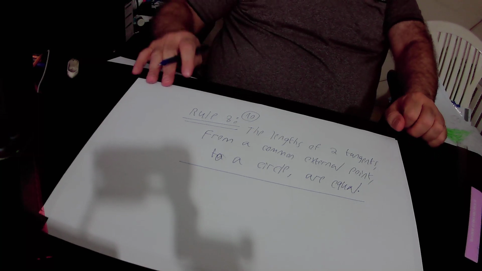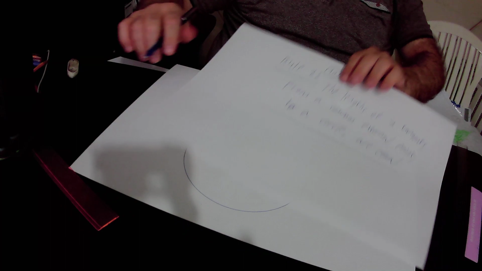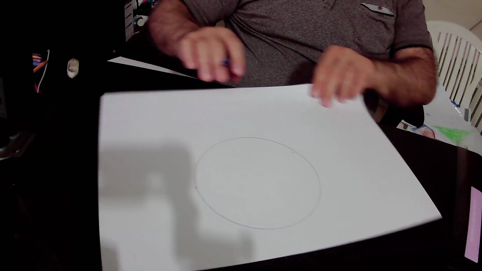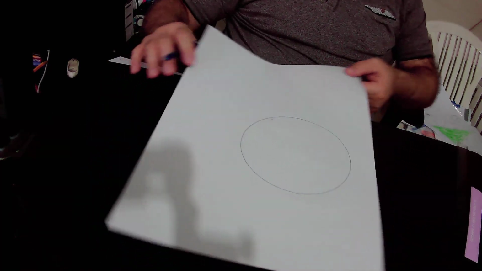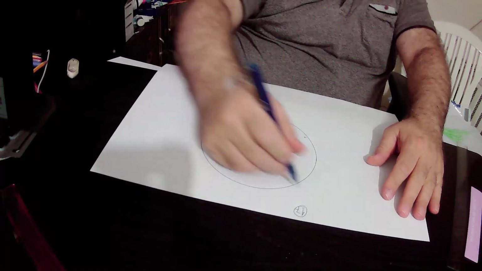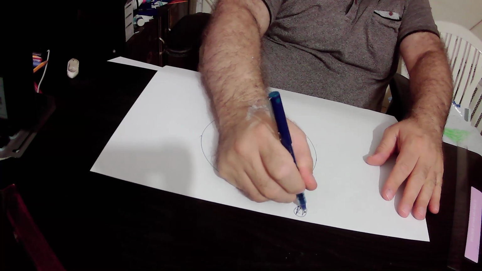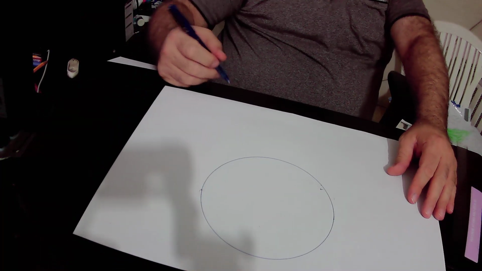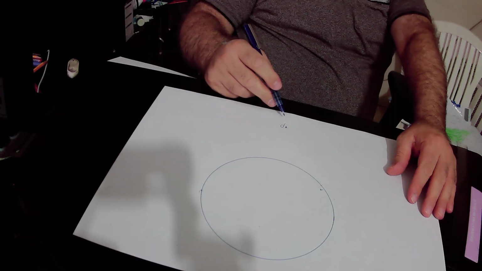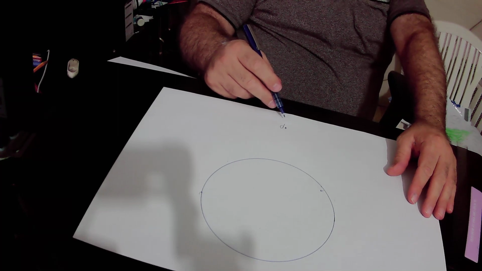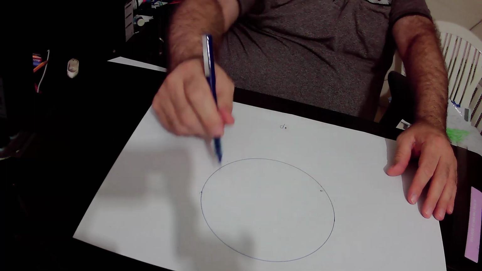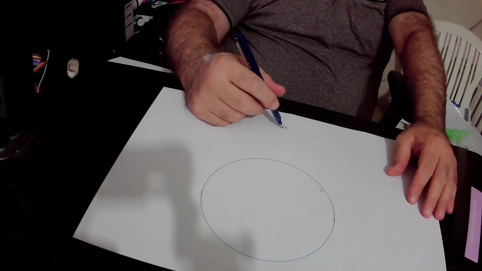So what is the meaning of rule number 8? The meaning of rule number 8 is that if you have this circle, and we have this point P as an external point. Why is point P an external point? Because point P is not located inside this circle, nor on this circle, but it is located outside this circle.